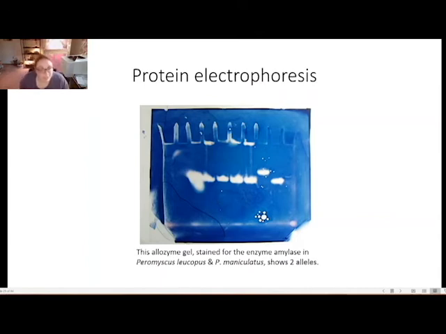Variation in where the bands are can represent functionally similar forms of enzymes or variants of enzymes that are different allelic forms of the same gene locus. And the detection of alleles permits the study of variation among populations or similar taxonomic forms.